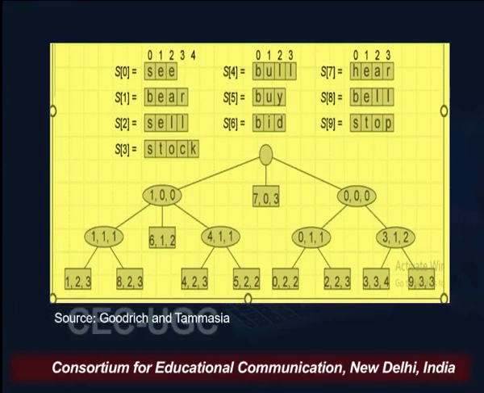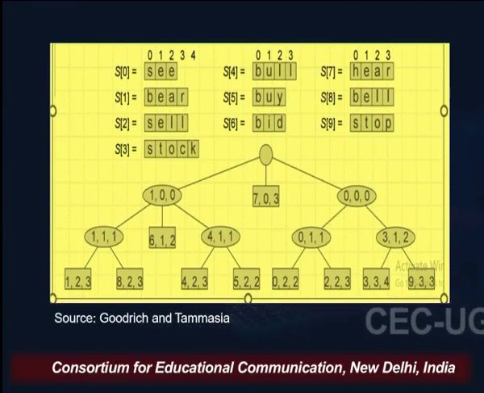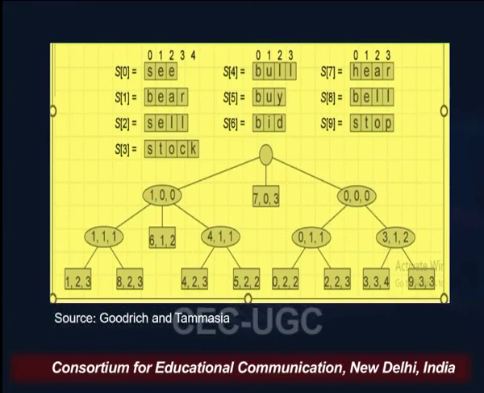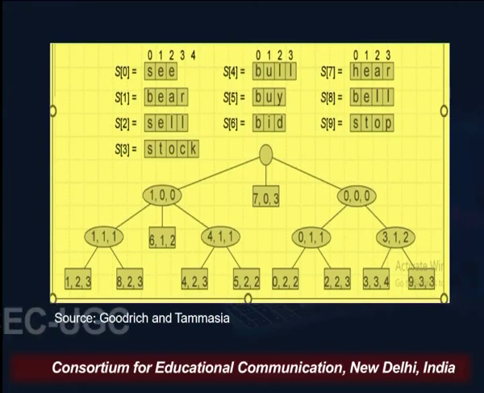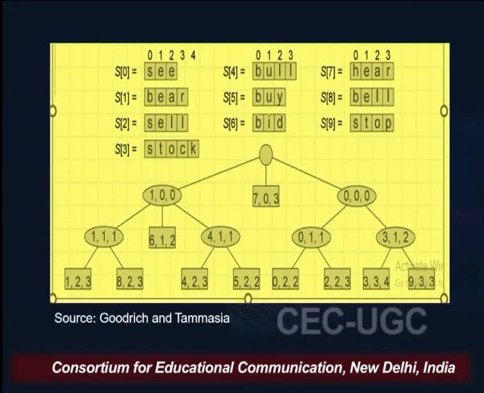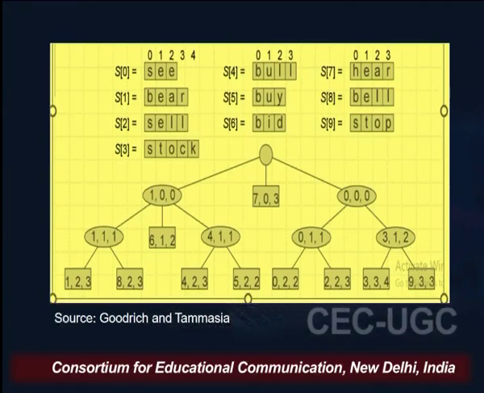We have numbered each and every character. So, in S of 0, this C is at the position 0, 1, 2. In S of 1, this is beer at the position 0, 1, 2, 3, and so on and so forth.